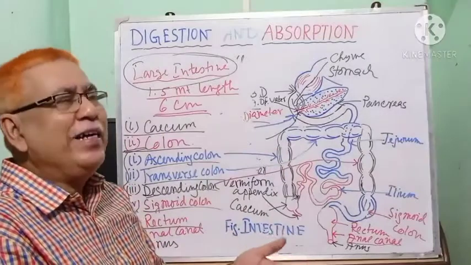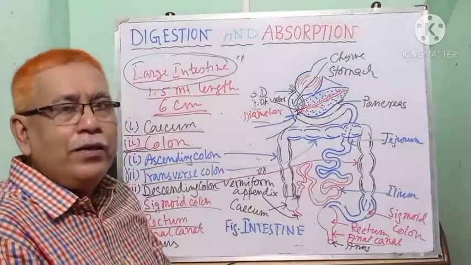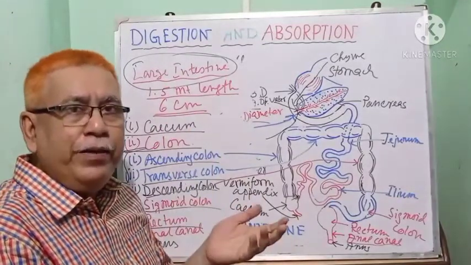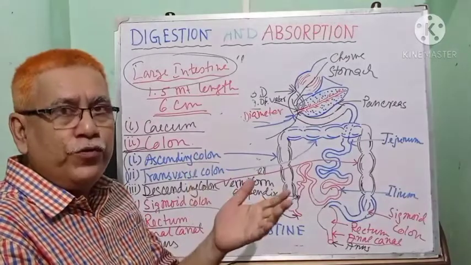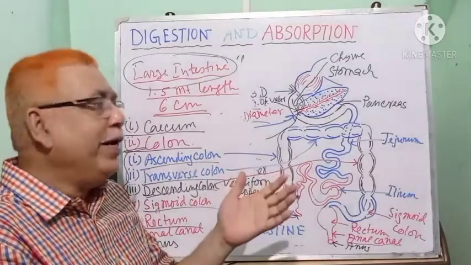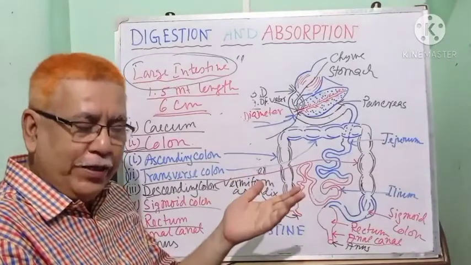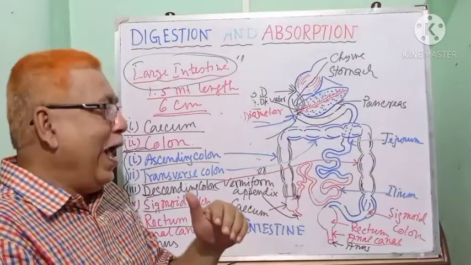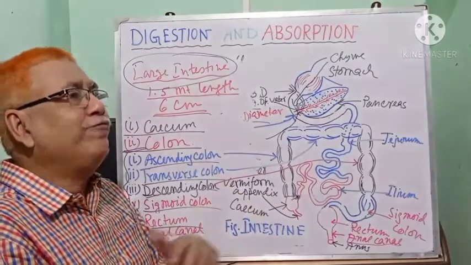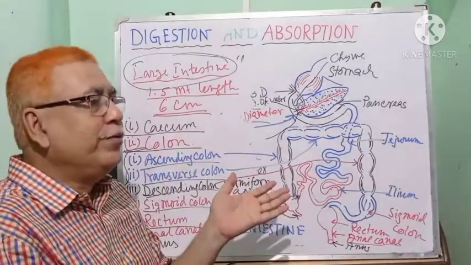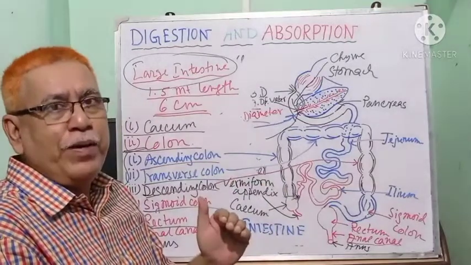Digestion of carbohydrate takes place, digestion of protein takes place, digestion of lipid takes place, and after digestion, glucose is produced from carbohydrate, amino acid is produced from the protein, and fatty acid and glycerol is produced from the lipid. And after digestion is complete, then absorption takes place.